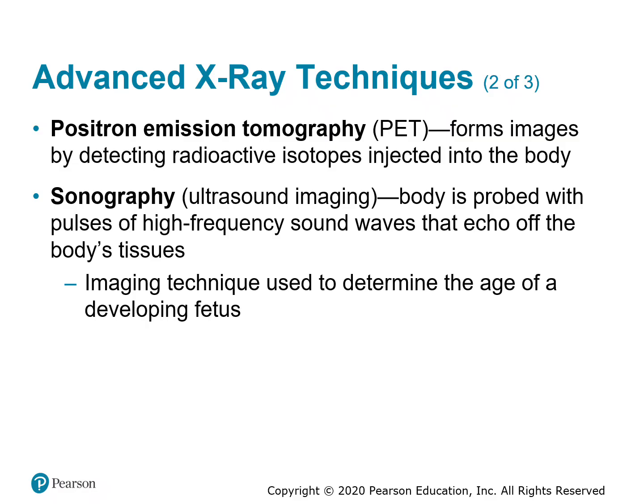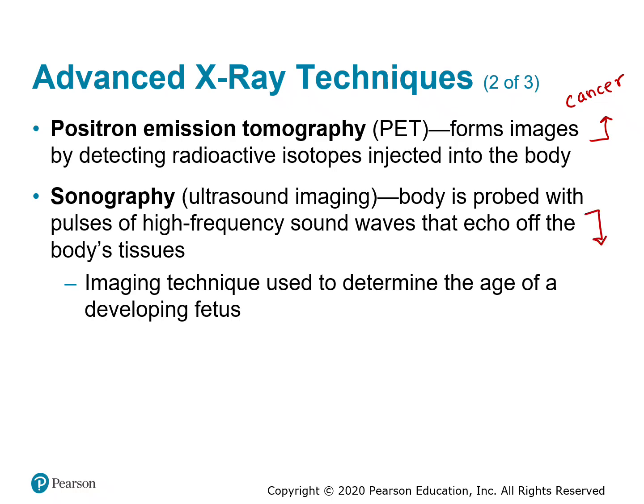PET scan detects radioactive isotopes. Usually only do a PET scan if you've had cancer and are looking for cells that have been tagged with that radioactive isotope from the chemotherapy, right? So usually you only see PET scans in people that have cancer or are being treated for cancer.